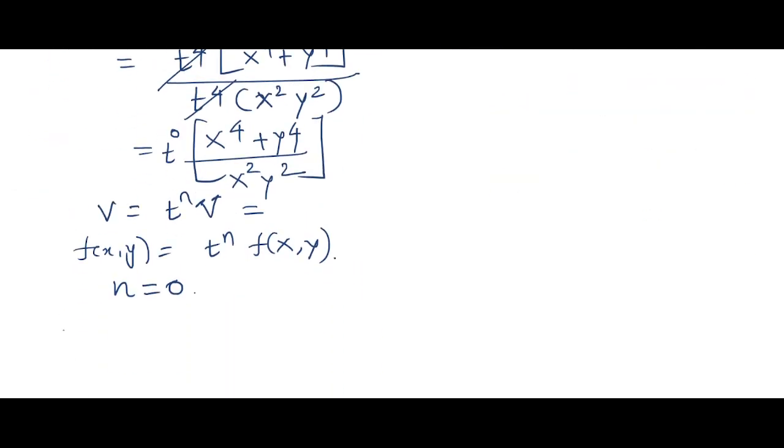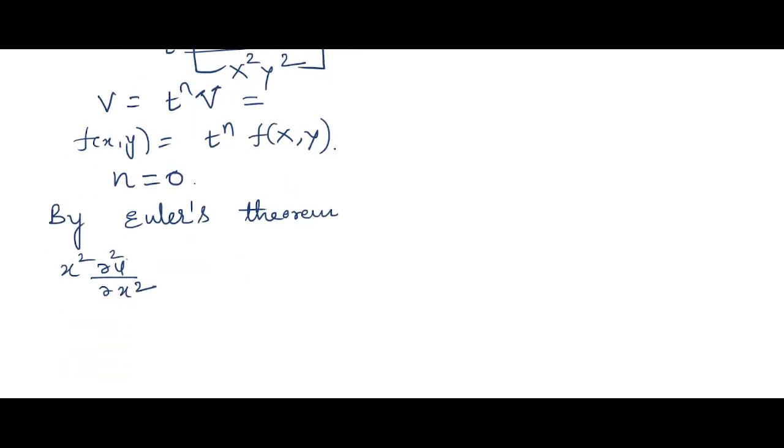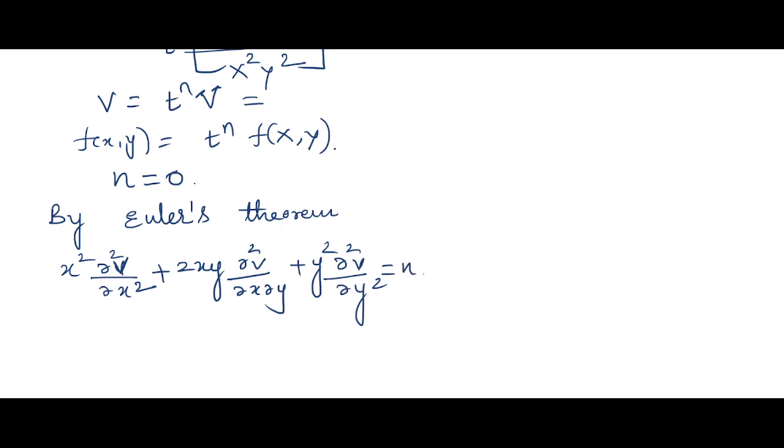By Euler's theorem, x square ∂²u/∂x square, so instead of u we now write v: x square ∂²v/∂x² plus 2xy ∂²v/∂x∂y plus y square ∂²v/∂y² is equal to n into (n minus 1) into v. But here n is 0, so this entire term is 0.